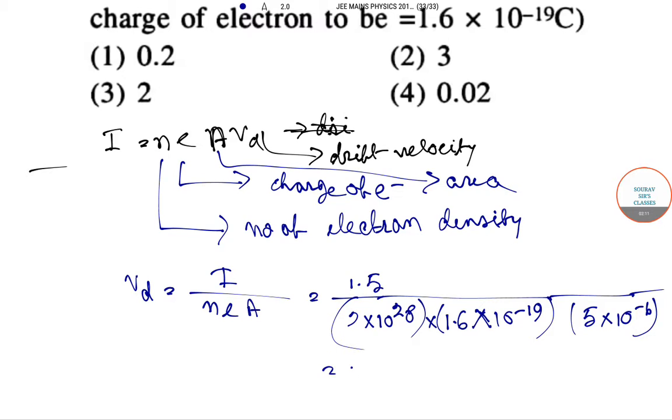So this Vd is equal to 0.02 meter per second. So here the answer option 4 is correct. 4 is the correct answer for this question.